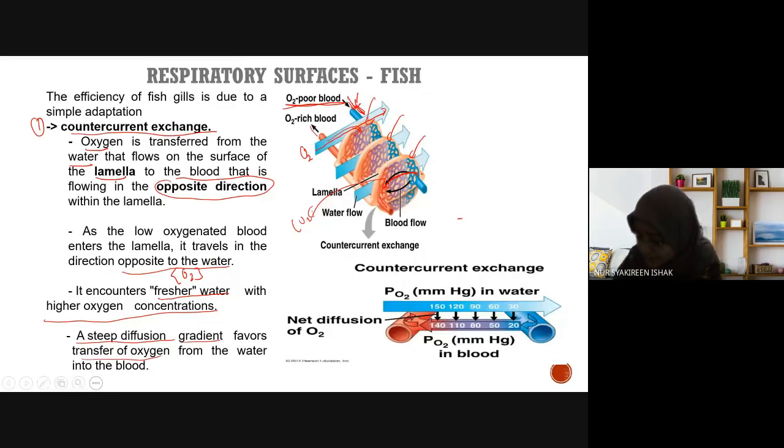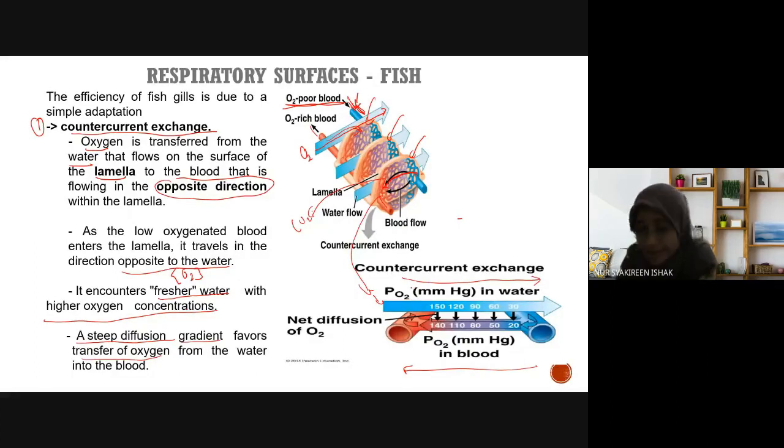If you look here, it is enlarged to show what happens during gas exchange. So during gas exchange, here you have water. The blue arrow here indicates the flow of water in the opposite direction to blood.